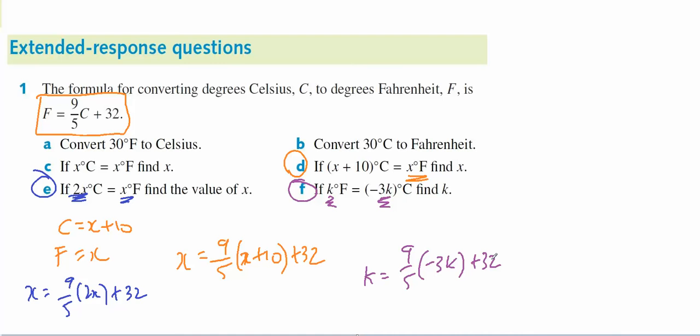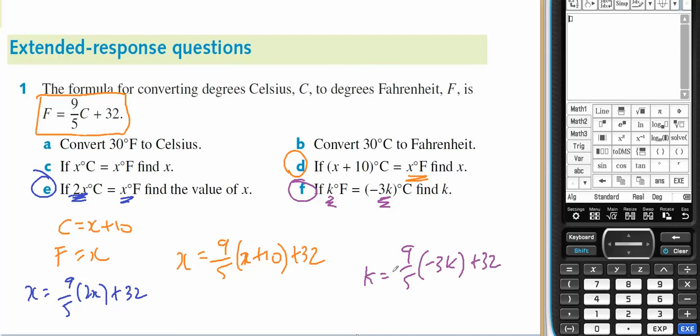Now all of these are calculator allowed questions. So what would they look like? For part D, I'm going to have X equals, open up a fraction, 9 on the top, 5 on the bottom, and that's going to be multiplied by, open a bracket, X plus 10, close bracket, plus 32.